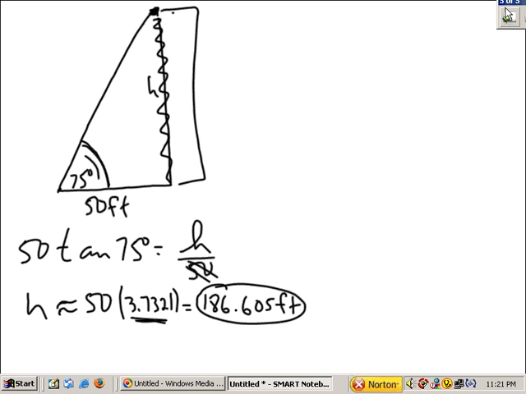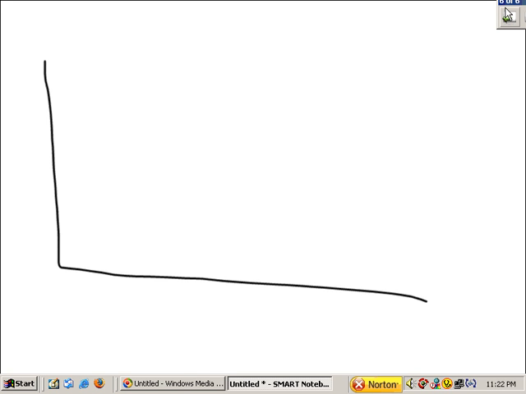Okay, now let's change something. Suppose you are in the building. Here's the ground, and you are on the second floor of the building.